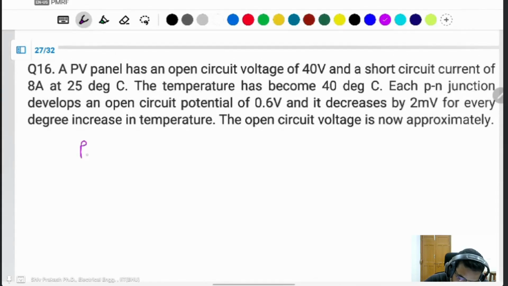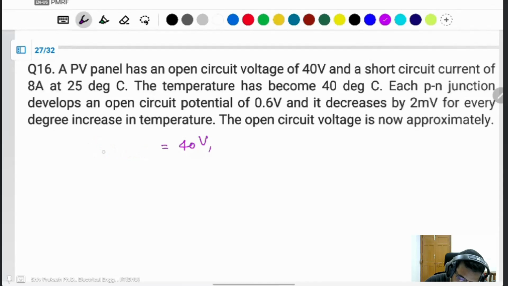Panel voltage is given, and short circuit current is given.